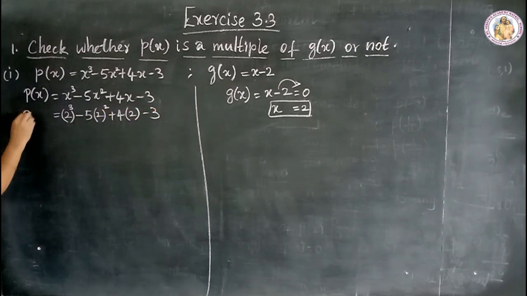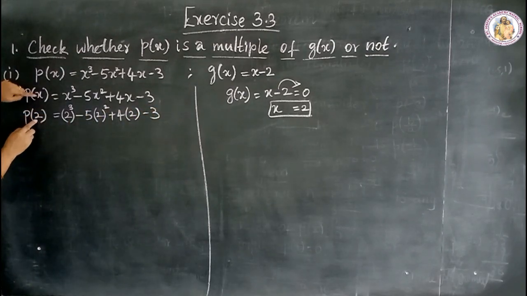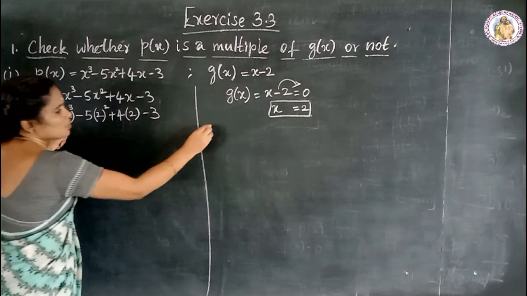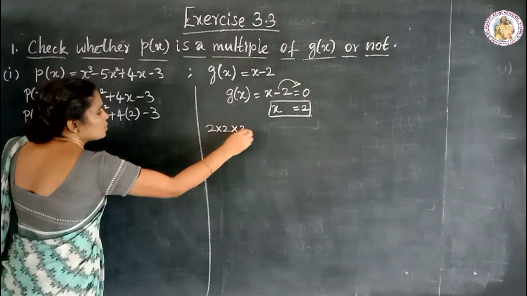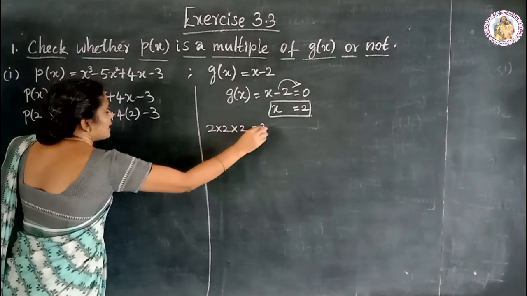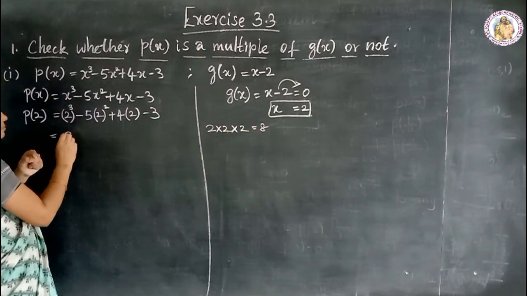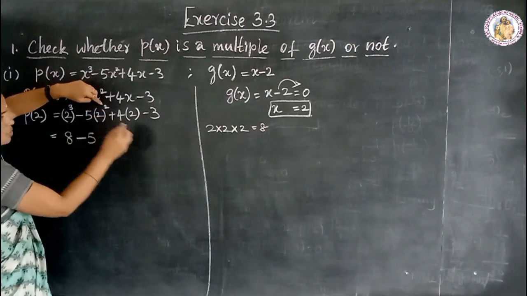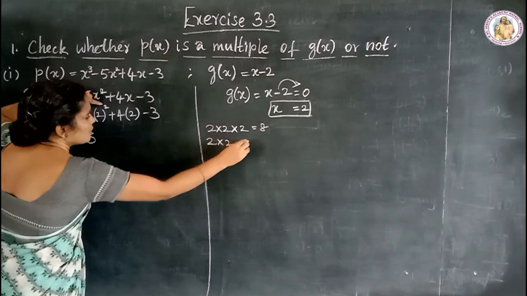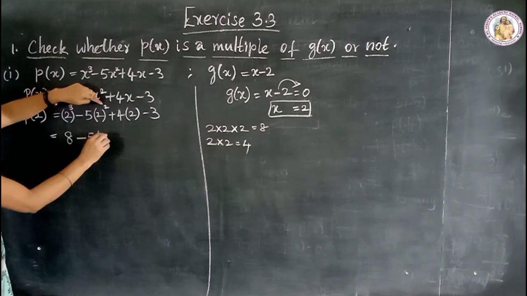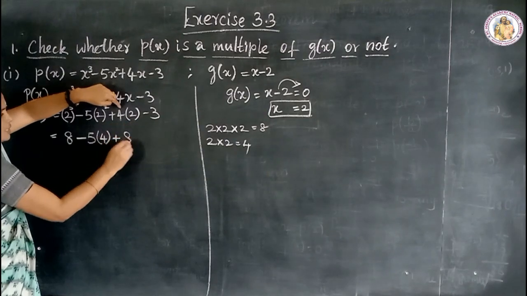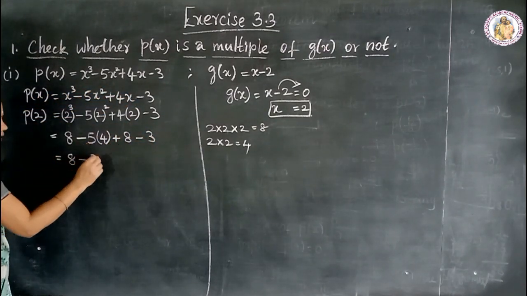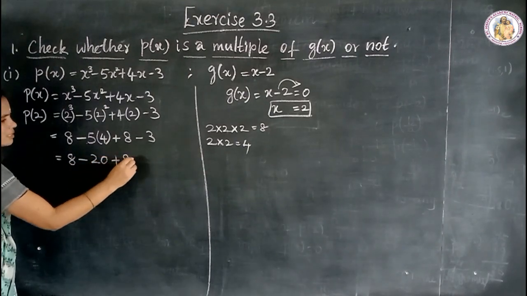Now 2 to the power of 3 is 2 into 2 into 2: 2 twos are 4, 4 twos are 8. Then minus 5, 2 to the power of 2 is 2 into 2, which is 4. Plus 4 twos are 8, minus 3. So 8, 5 fours are 20, plus 8 minus 3.